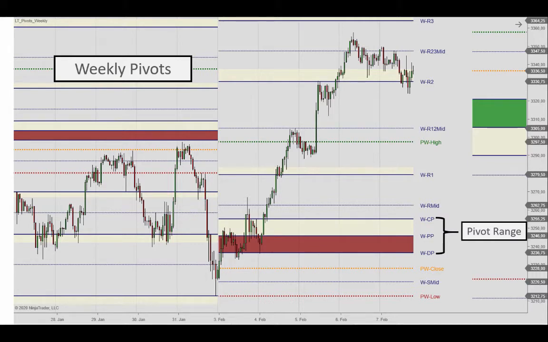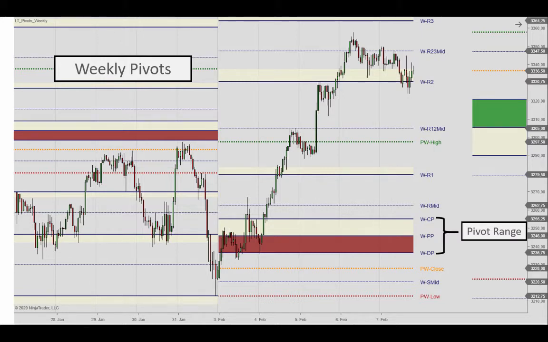The pivot range itself is comprised here by the main pivot, the central pivot, and the directional pivot. So main pivot PP, central pivot CP, and directional pivot DP. Central pivot is simply the high and the low divided by 2, so the mid-range of yesterday's price action.